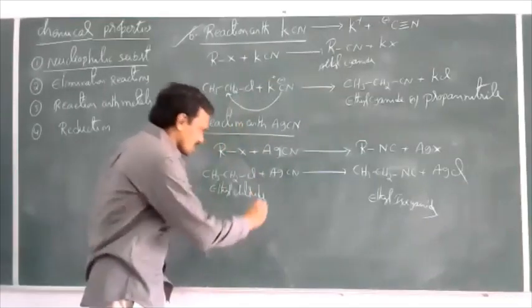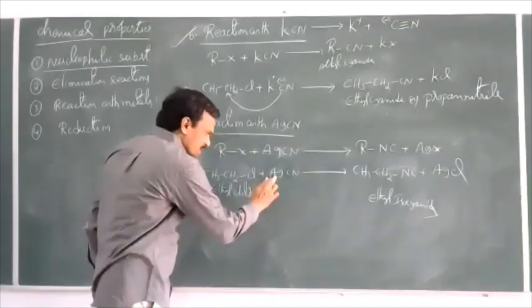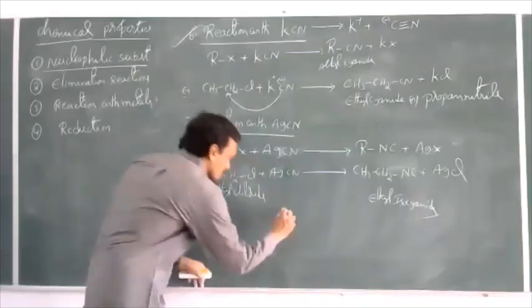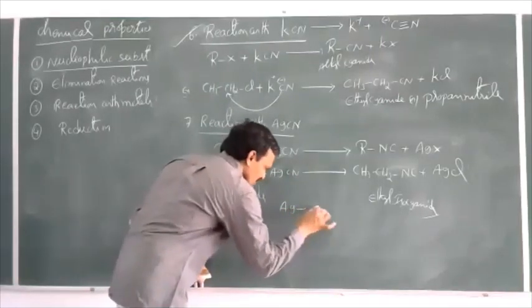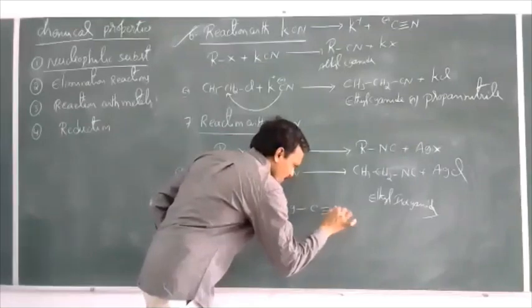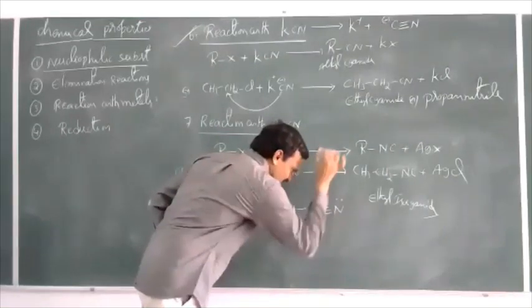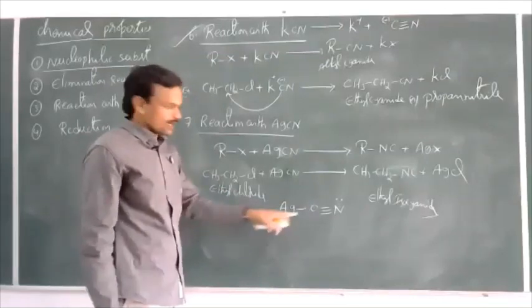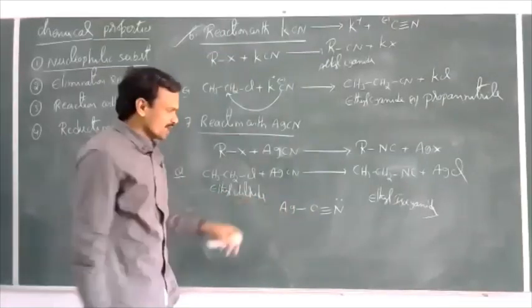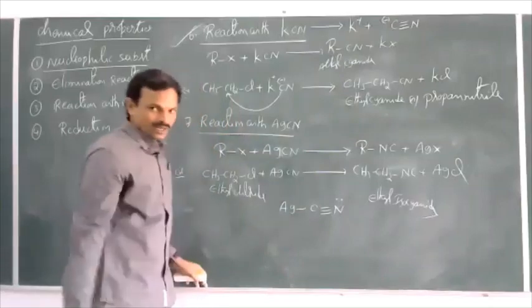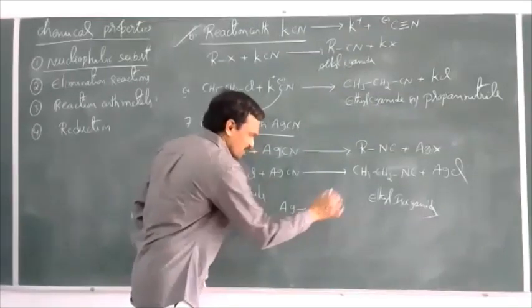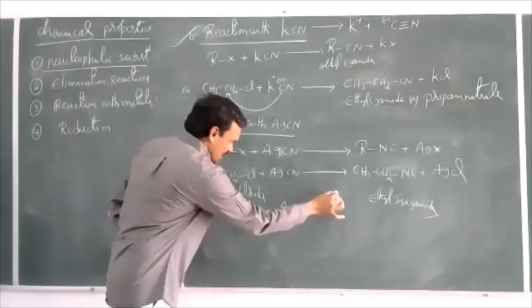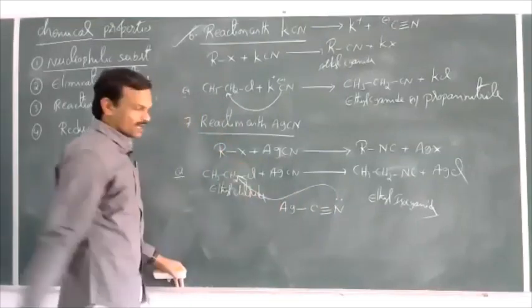Whereas in AgCN, the bond between silver and carbon is covalent in nature. This is the structure of AgCN, where nitrogen contains a lone pair. This bond is predominantly covalent between carbon and silver, so carbon cannot donate a lone pair of electrons. Nitrogen is free to donate a lone pair. So nitrogen donates an electron pair to this carbon.